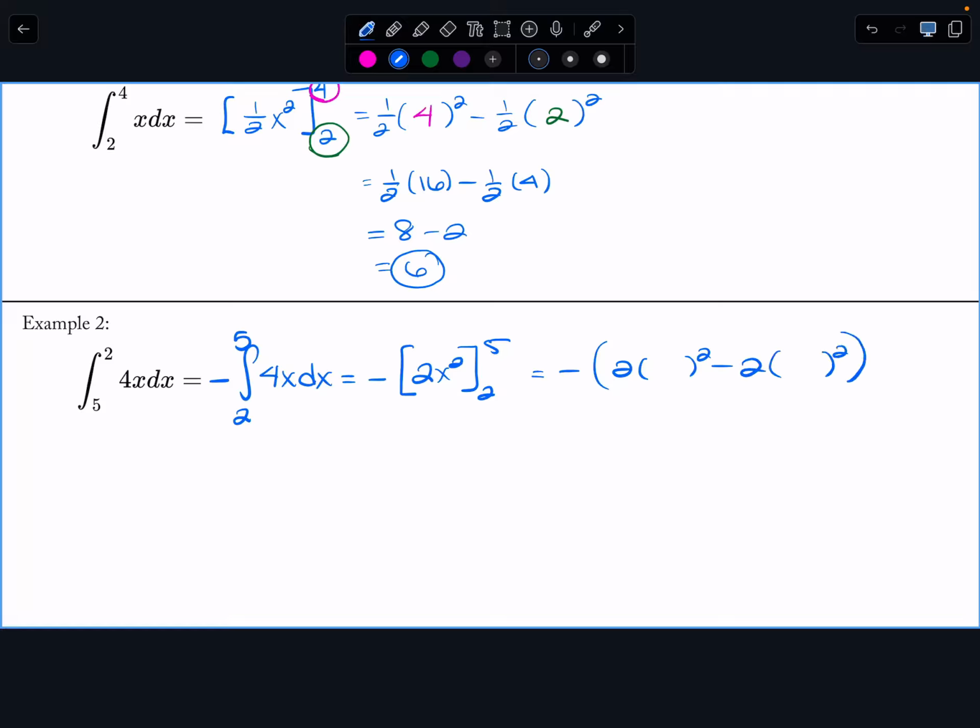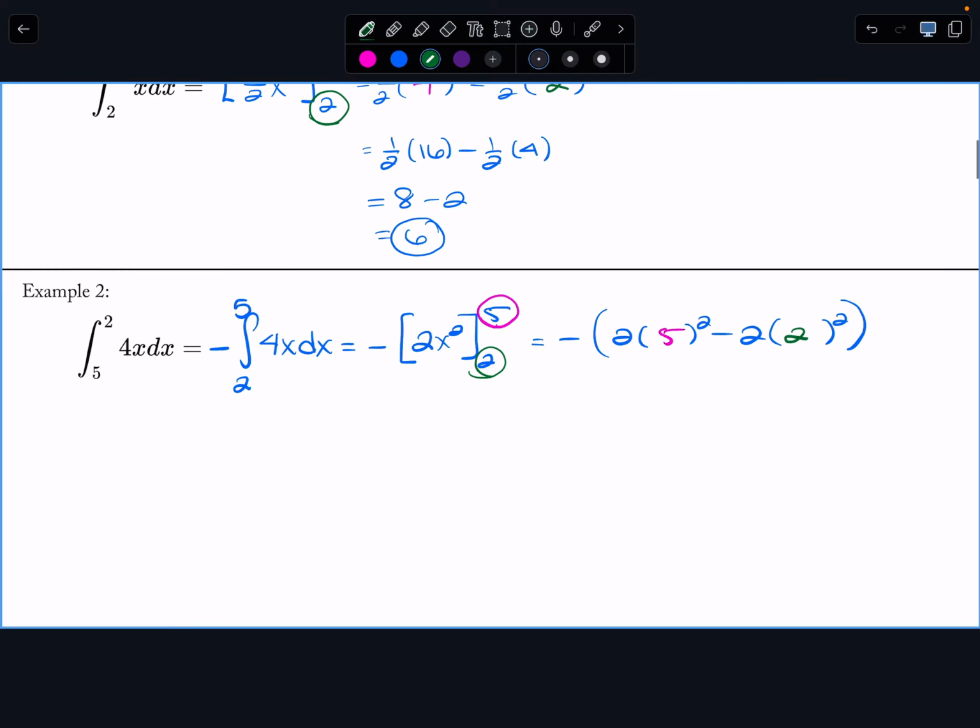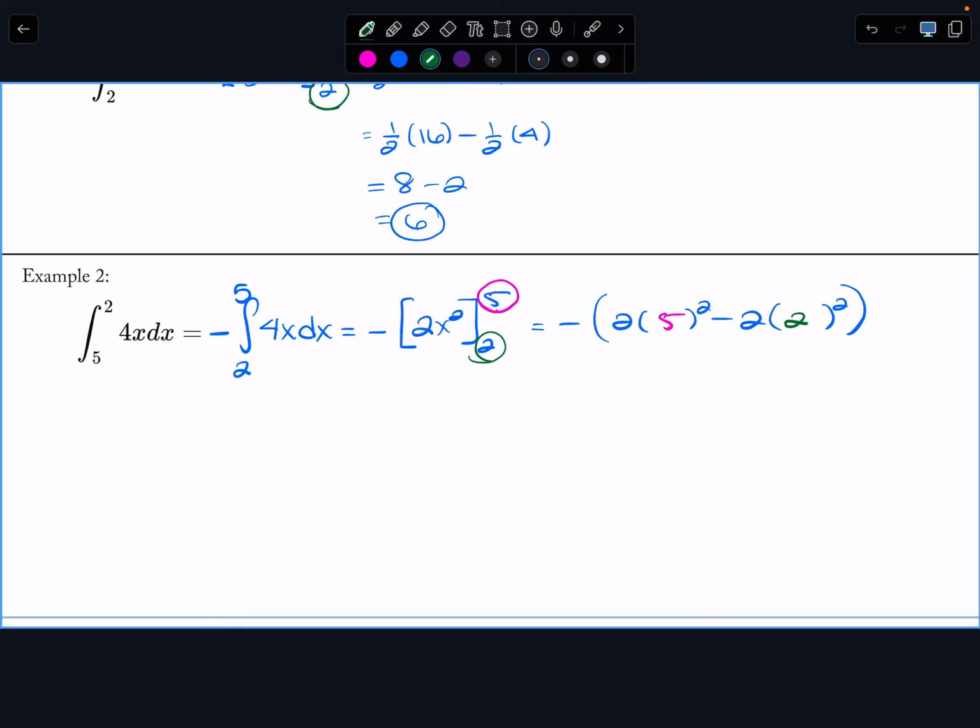And then I plug in my top, which is 5, minus my bottom, which is 2. So I get a negative of 50 minus 8, which is negative 42.